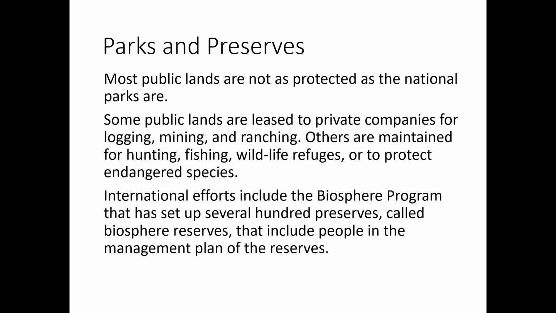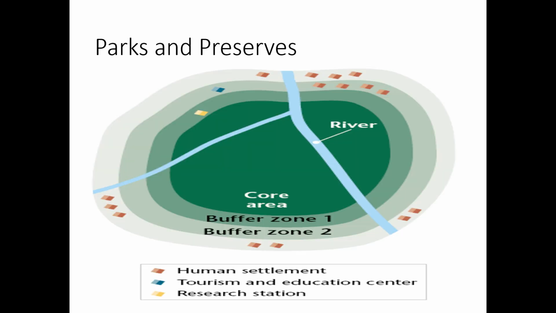So another different program you can have is what's called a biosphere program. And this is a biosphere program. The idea is you have human settlement and a preserve that exists all in one area. In the core area here, you have the preserve, where it's trying to be a completely natural area that's untouched by humans.